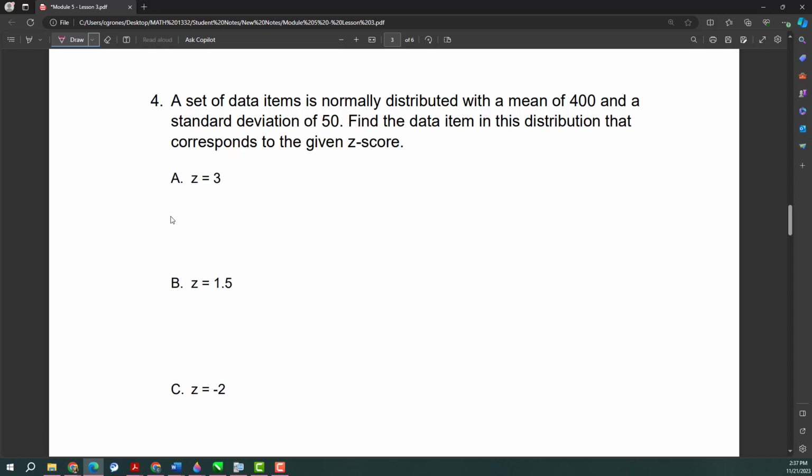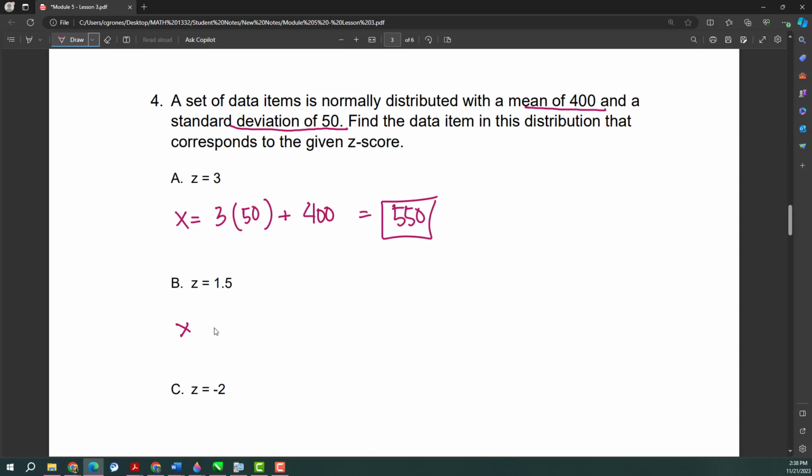So our data item, I'm just going to say x equals, we take our z-score, which in this case is 3, multiply it by the standard deviation of 50, and then add our mean of 400, and we get that x equals 550. Okay. B, we have that z equals 1.5.